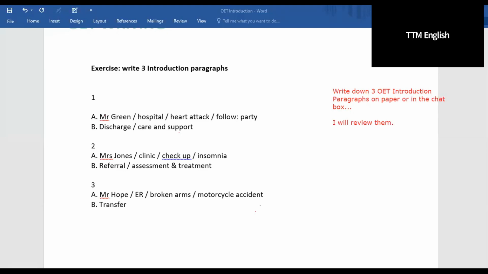Keep going, guys. Don't let us put you off. Just write it down on paper if you want.